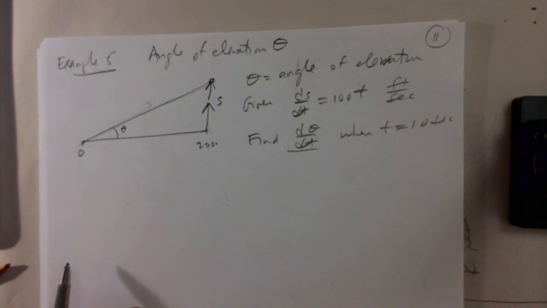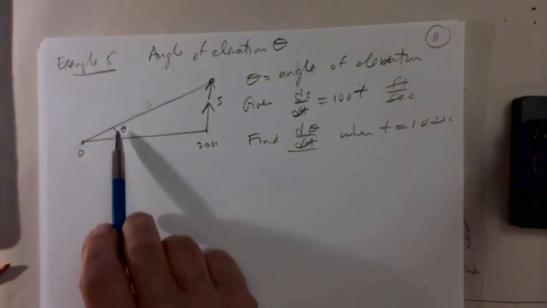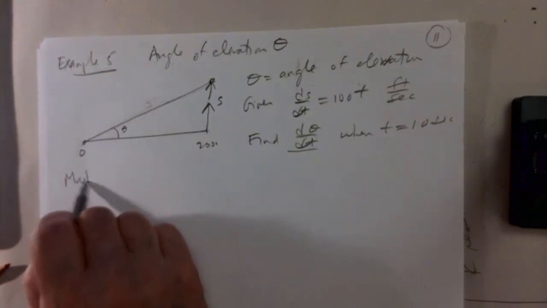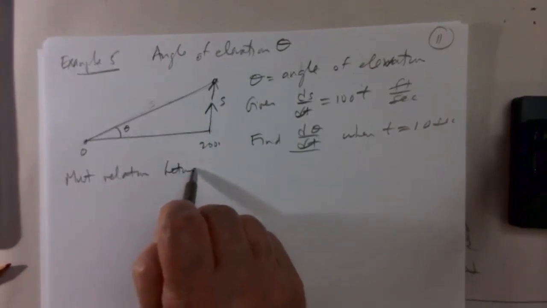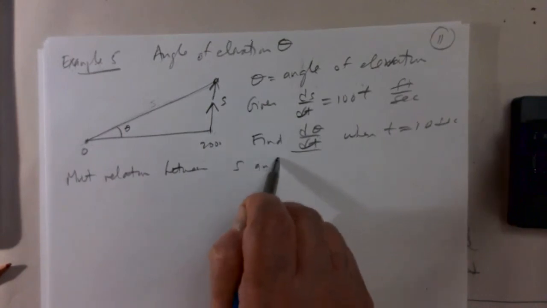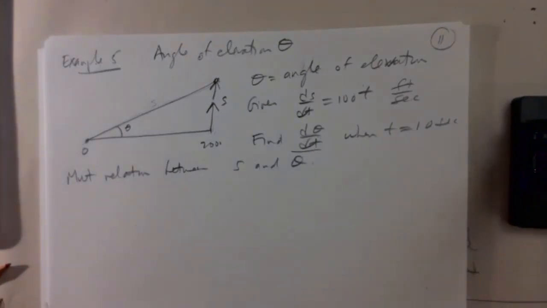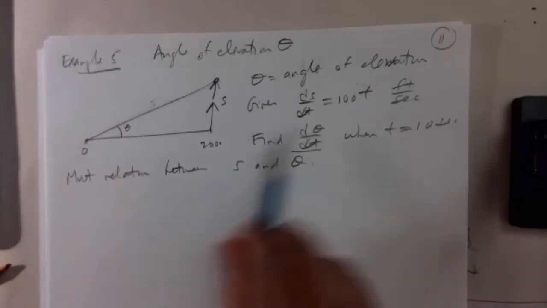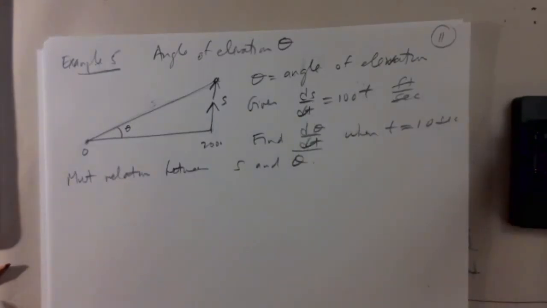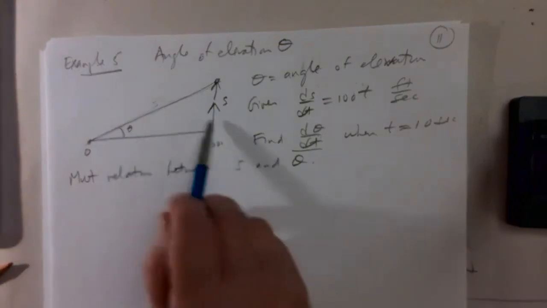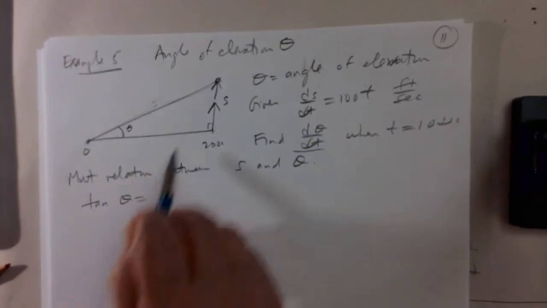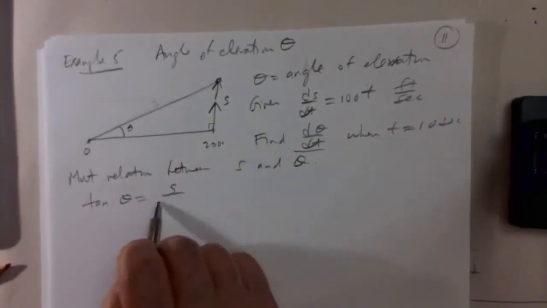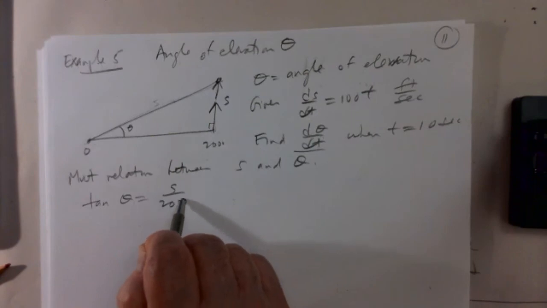So what we need is a relationship between s and theta. We know ds/dt, we want to find d theta/dt. And the simplest relation is the following. If you look at this right triangle, the tangent of theta, opposite over adjacent, is s over 2,000.